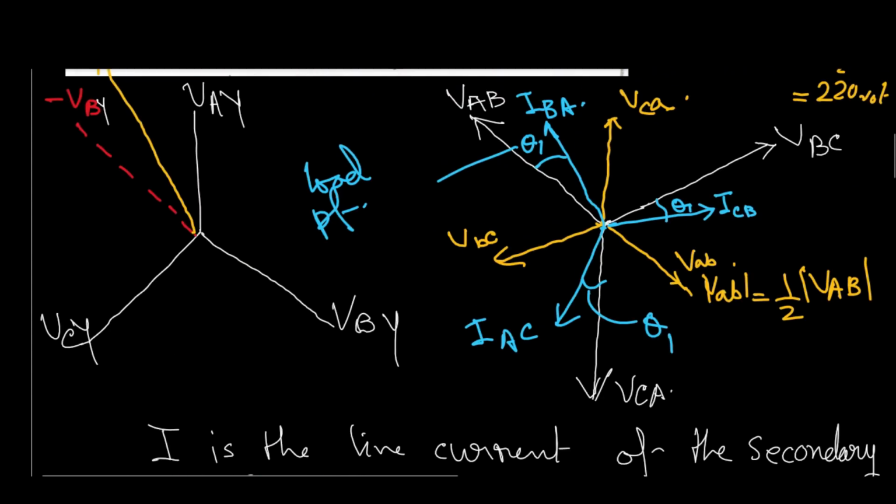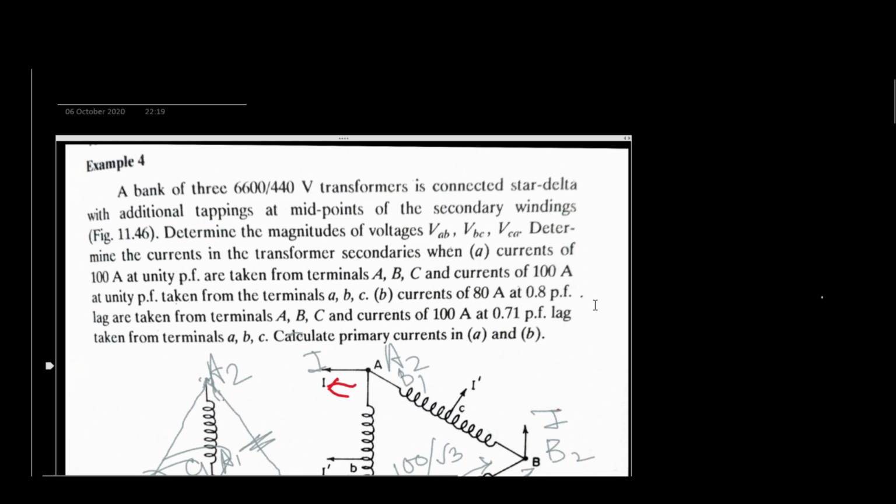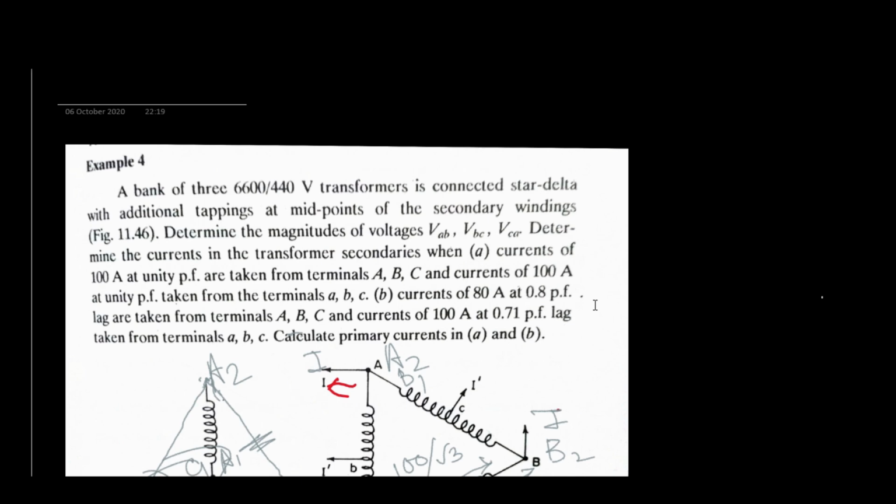So let us just quickly recap this problem once again. A bank of 3 transformers. You can always find out the turns ratio for an individual transformer, which is 15.